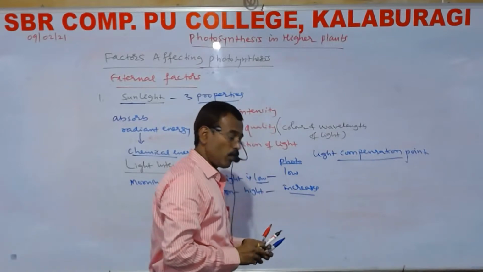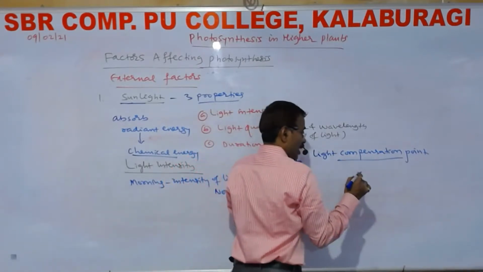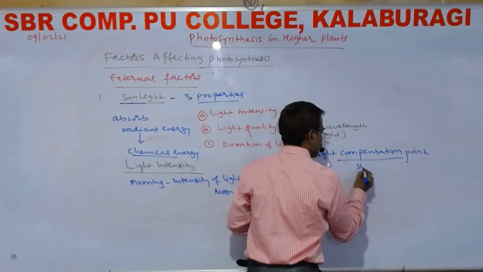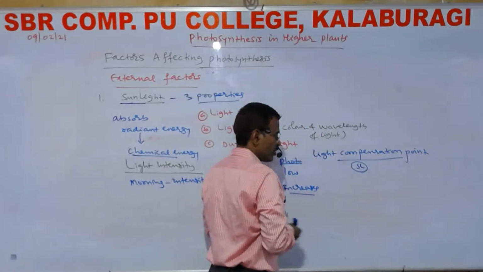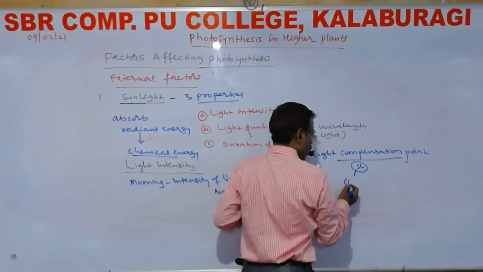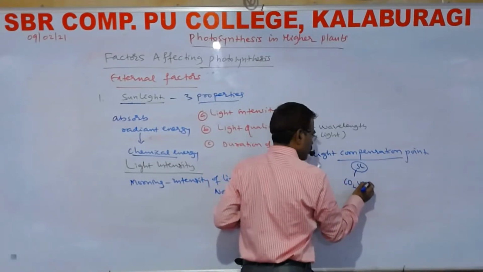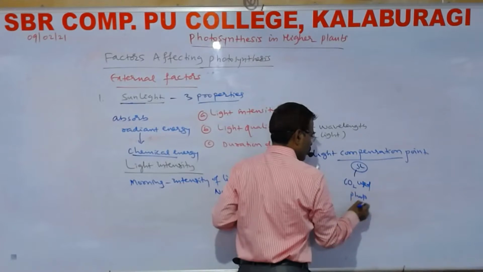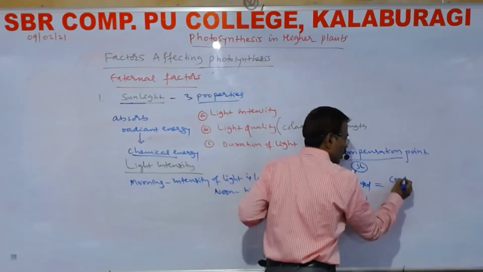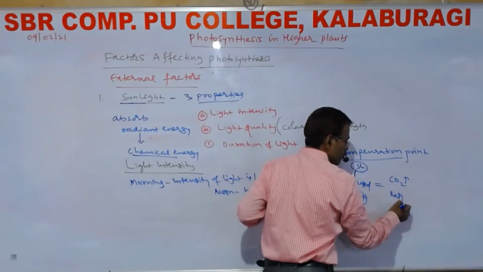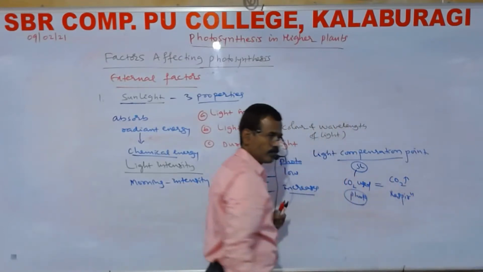Light compensation point means that at a certain light intensity, the carbon dioxide yield of photosynthesis will be equal to the carbon dioxide released during respiration.